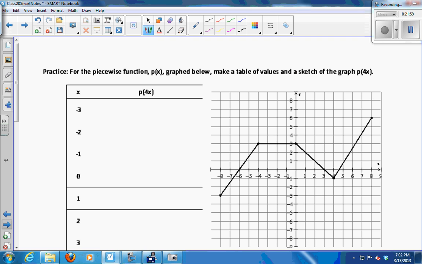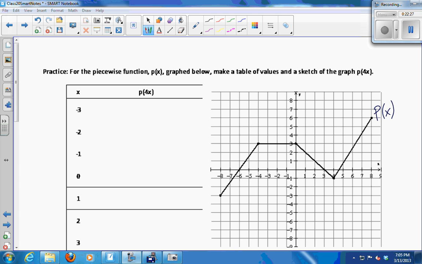Okay, you try one. This is a piecewise function, brand new piecewise function, p of x. I want you to sketch a graph and give a table of p of 4x. No formula this time because the formula would be 4 different pieces and I don't want you to have to mess around with that. Now that we know the general rule, we can just jump right to drawing the graph if we want to.